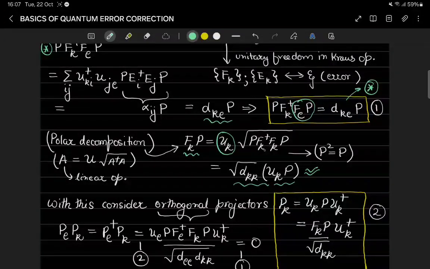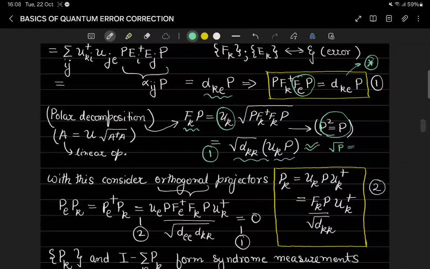This is simple to check, because P Fk dagger Fk P is the same as dKK P from 1. Here we are using condition 1, and because P squared is equal to P, the square root of P will have the same spectrum as P, because the projector always has 0 and 1 as its eigenvalues.